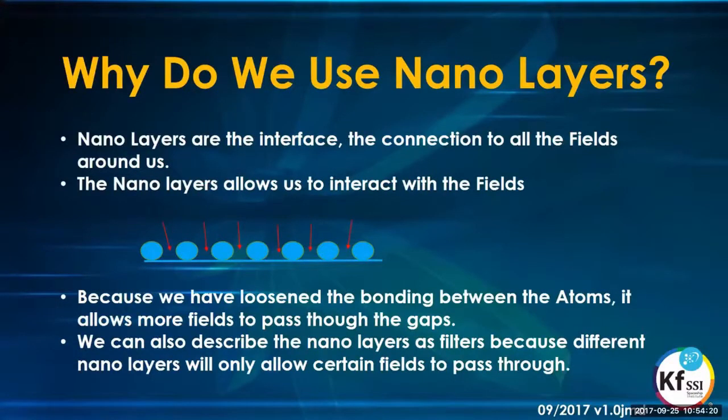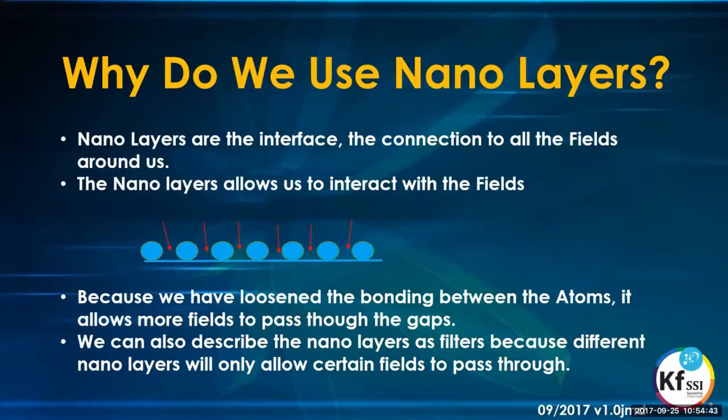So why do we use these layers? So the nano layers are the interface, it's the connection to all the fields around us. It's these nano layers that allow us to start interacting with these fields. Because we have loosened the bonding between the atoms, it allows more fields to pass through these gaps.